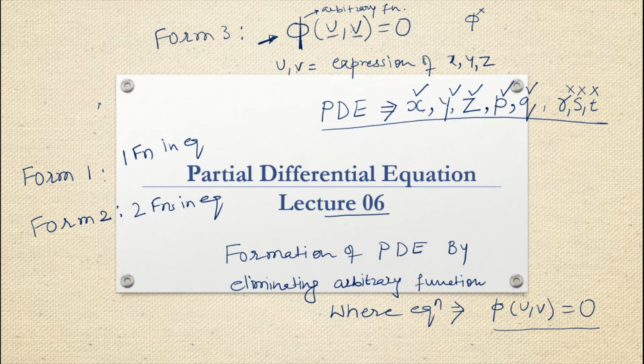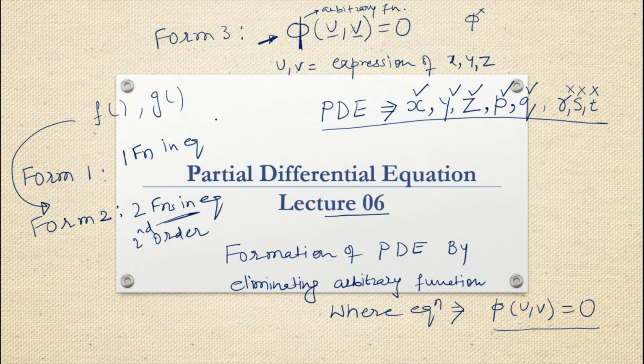If I had function f and function g in one equation, that was form number 2. Two functions were present, and because of that we used to go for second order partial derivatives. The first form was also first order, so only p and q we wanted to know, and here also it will be first order partial derivatives only. I don't have to go for second order.